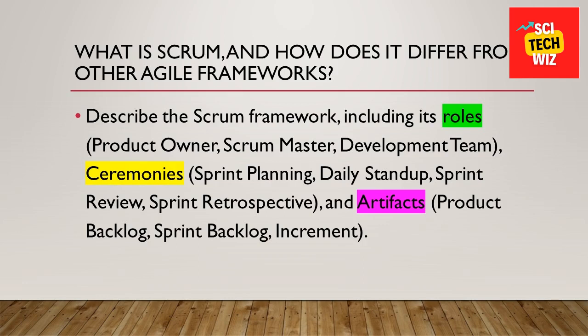In short, we call it sprint retros. And coming to artifacts: product backlog, sprint backlog, and increment. These three are the artifacts in Scrum. And how does Scrum differ from other Agile frameworks? That you should prepare. What are the other Agile frameworks that you should prepare for this question?